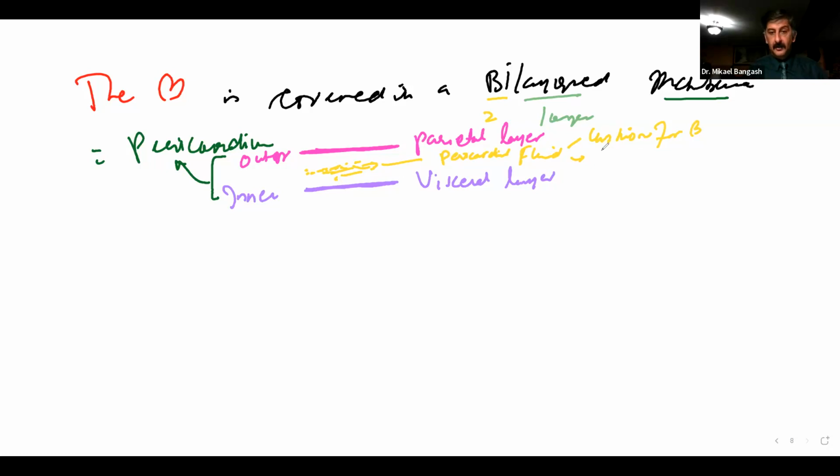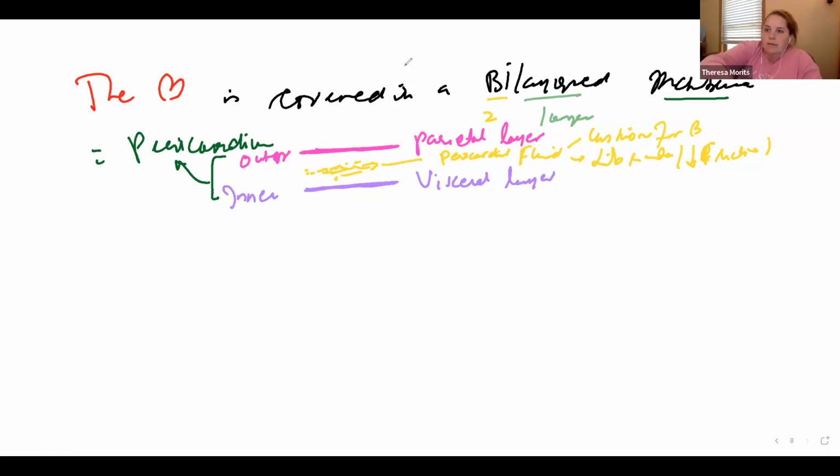So we can say the fluid lubricates the pericardium, and by lubrication, it reduces friction between the two layers. Did you guys get that? Yes. Good.